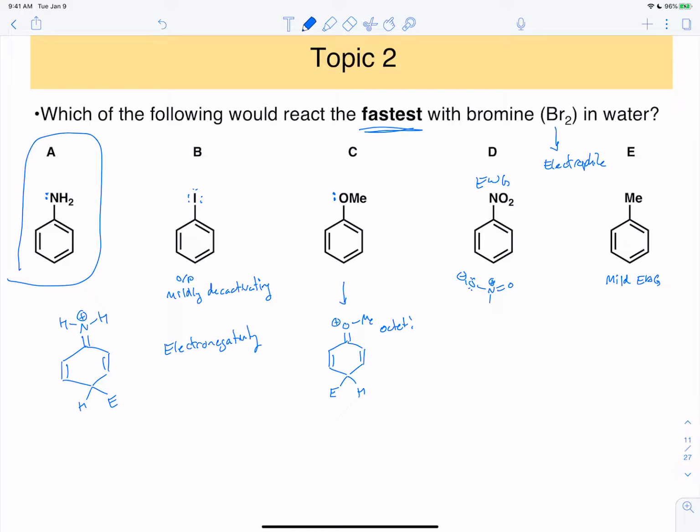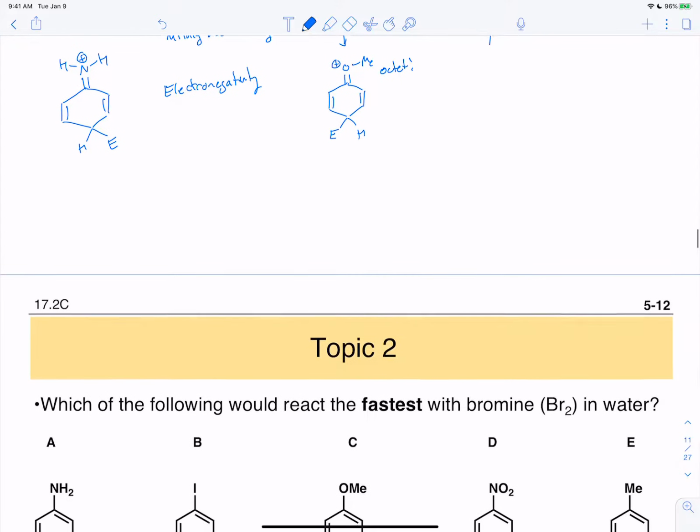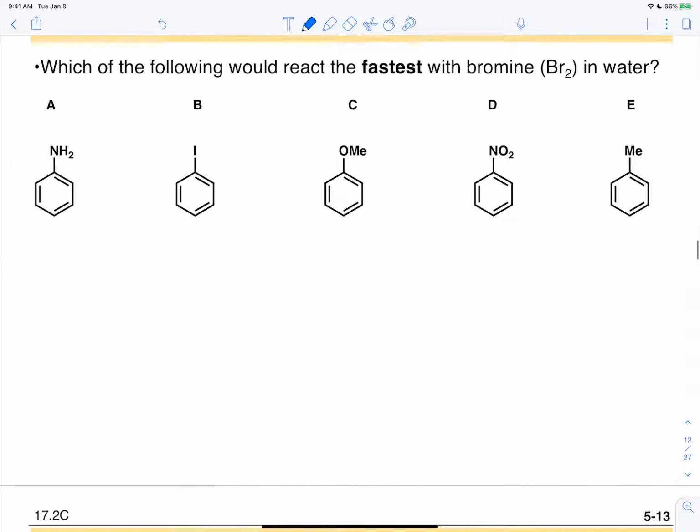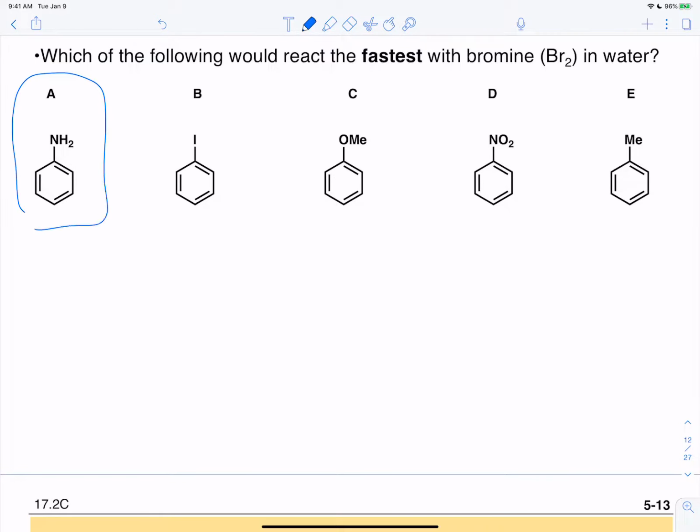Nitrogen will end up being a much better electron donating group. So even though oxygen is pretty good, the aniline series will be much better. Oh, I copy and pasted the same slide twice. The answer's A.